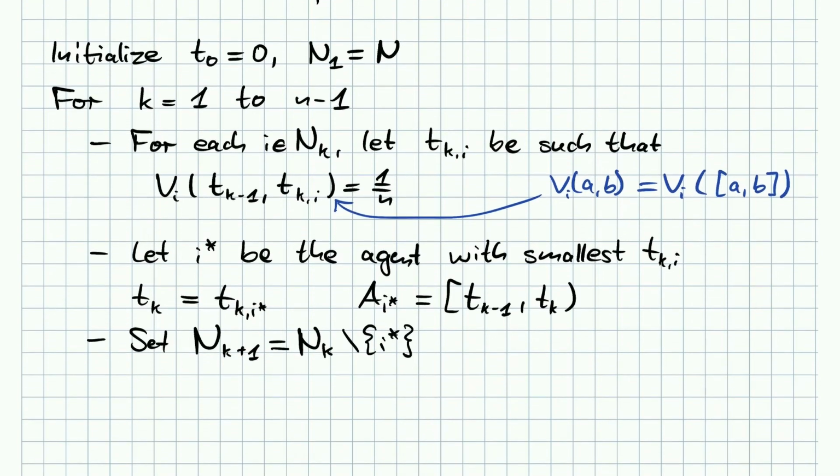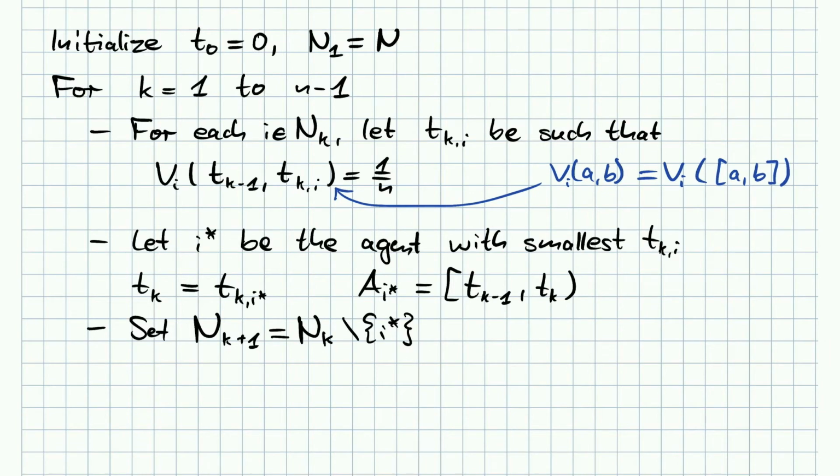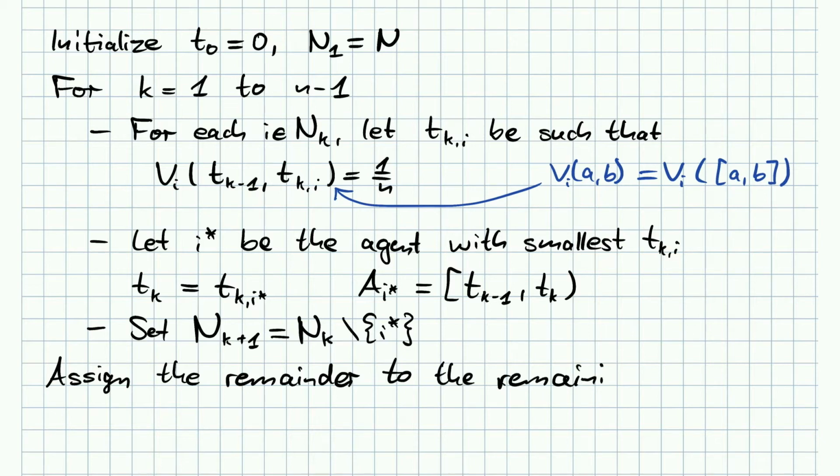And then everybody except for the remaining agent is getting something, because this way we're assigning something to only n minus 1 agents, and then we will assign the remainder to the remaining agent in N.